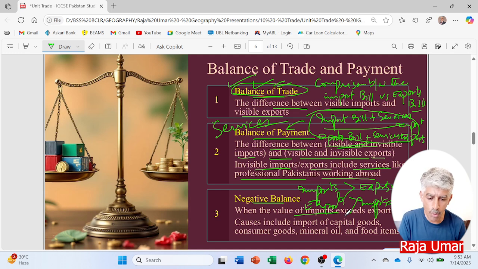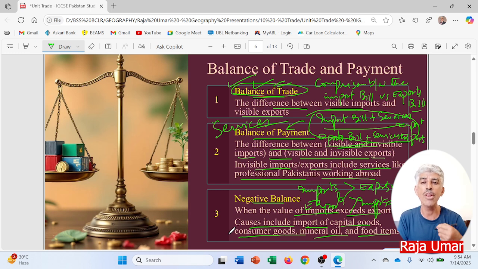When the value of imports exceeds the exports, causes include import of capital goods, consumer goods, mineral oil, and food items. I mean, whatever you are importing, if the value of all those imports is greater than the value of exports you are exporting to the other countries, simply that is known as the negative balance. You are spending more and you are earning less. That's it.